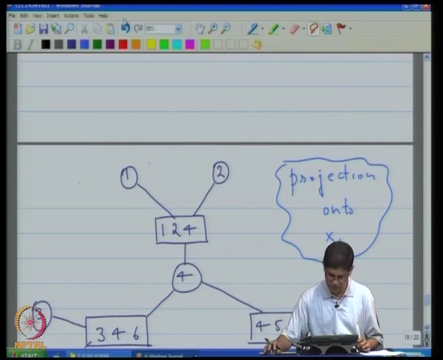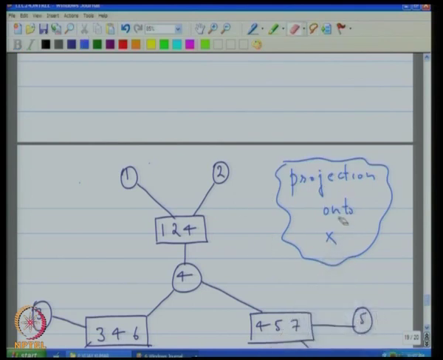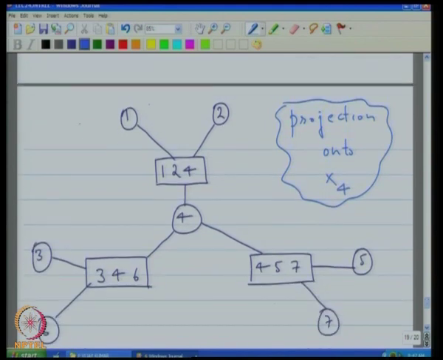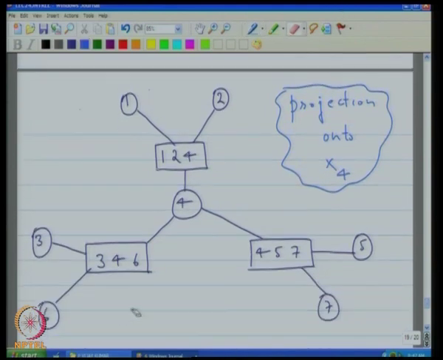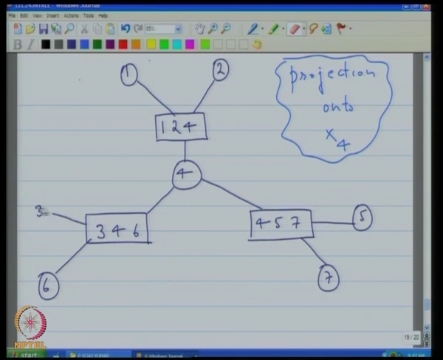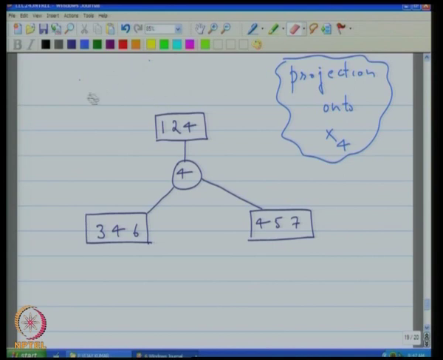Here let us say I am interested in the projection not onto x1, but rather onto x4. So, what I do is the same thing: I ignore all nodes in which x4 does not appear. Okay.